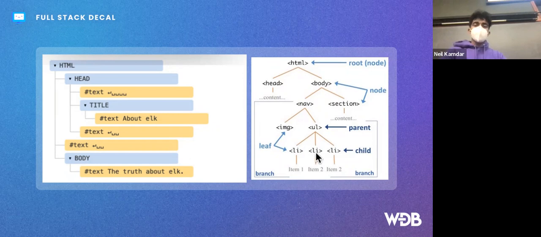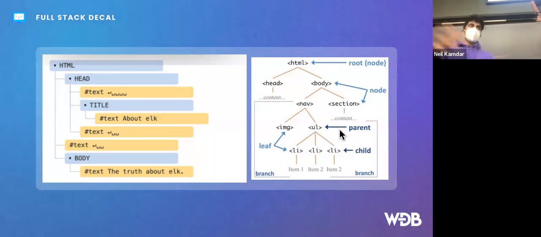So essentially, this unordered list, instead of having 3 children, will have 4 children. It'll add one more list item. So you're modifying the tree by adding another leaf, another element, based on the actions of the user.